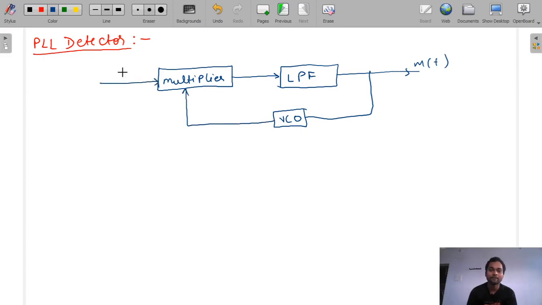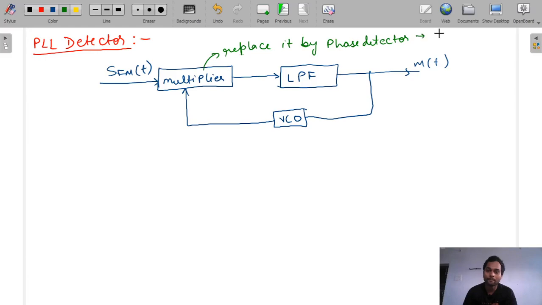And here the FM signal is given. And this multiplier we can replace also by a phase detector. That is the PLL detector of an FM signal. So you can use a multiplier or you can replace it using a phase detector.